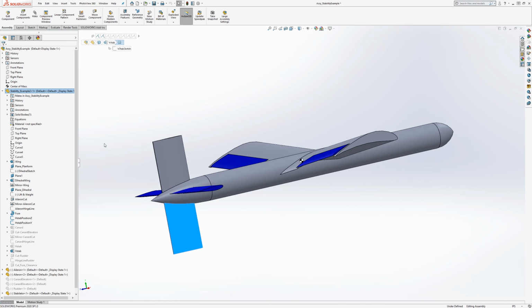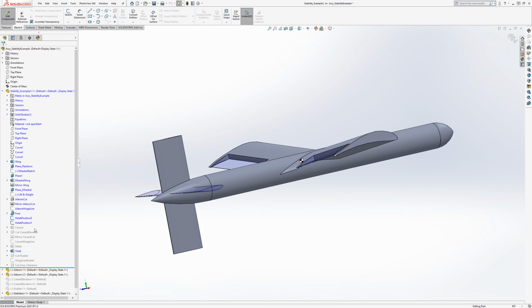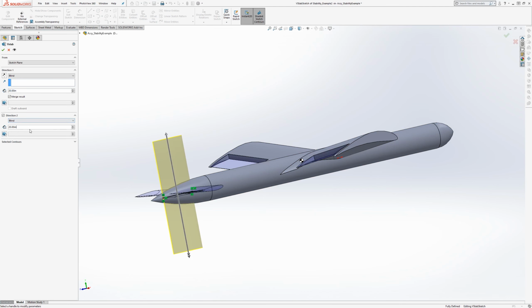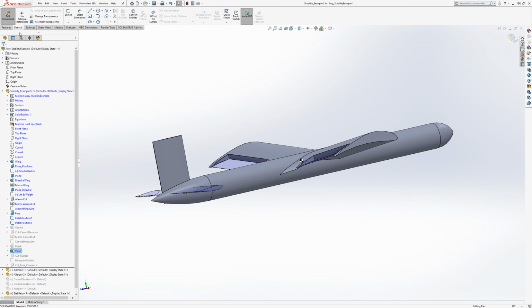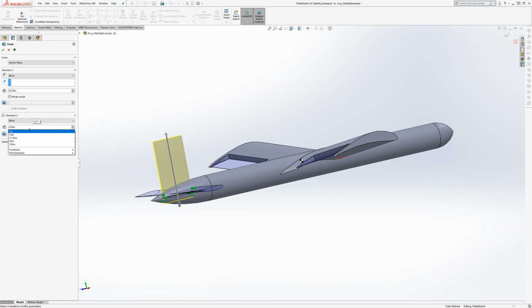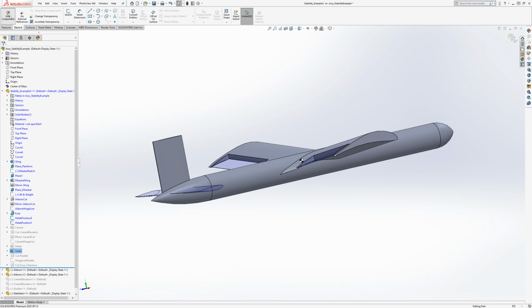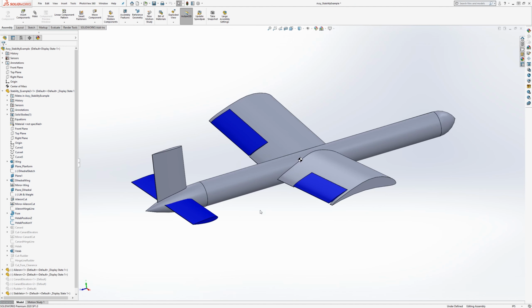So usually we will find that the vertical stabilizer is only in the top half.